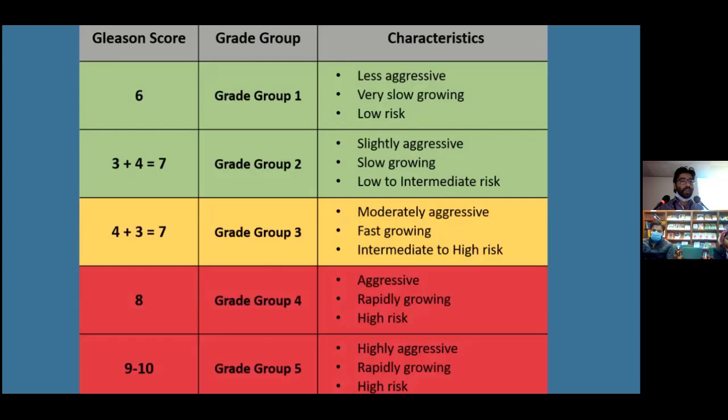The Gleason score 8, that is 4 plus 4, or 5 plus 3, is grade 4, aggressive, rapidly growing, and high risk. Gleason score 9 or 10 comes in grade 5. It is very highly aggressive, rapidly growing, and a high-risk disease.